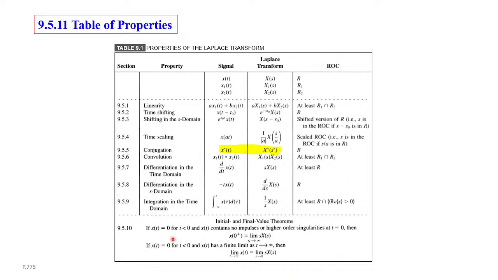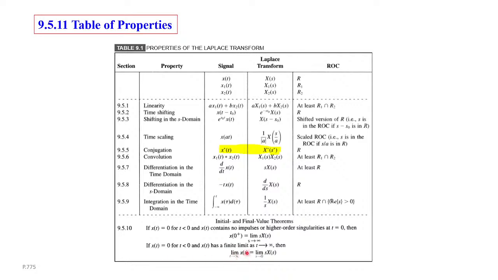The formula is really easy to apply. If you want the initial value, you take s multiplying your big X of s, and just take the limit as s goes to infinity. If those are rational functions, basically you just see whether the numerator and denominator have the same order. If the same, then you look at the highest order terms. And the final value is similar.